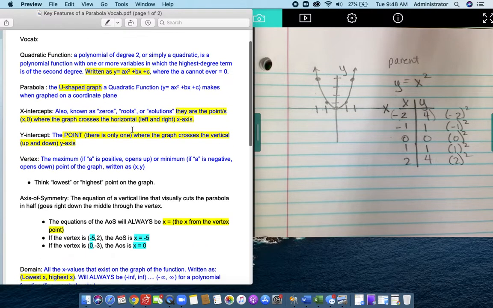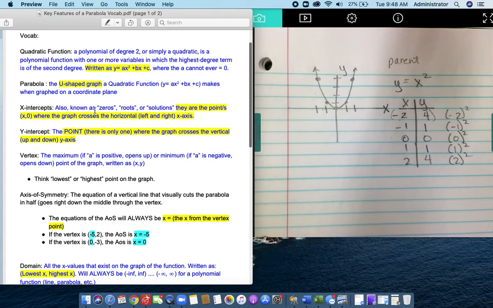All right. Your x-intercepts are also known as your zeros, roots, or solutions. In your Delta Math assignment, I consistently use the term zeros, but understand that anywhere you read about quadratic functions, if they mention x-intercepts, they could also use zeros, roots, or solutions interchangeably, and it would simply mean what's highlighted here, which is they are the point or points where the graph crosses the horizontal, meaning left and right, x-axis.